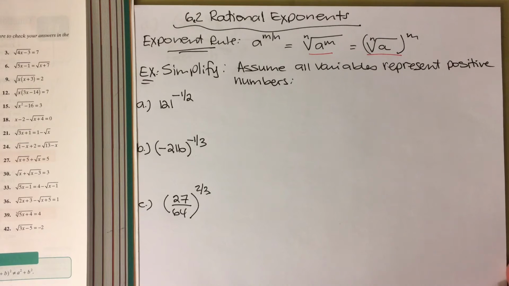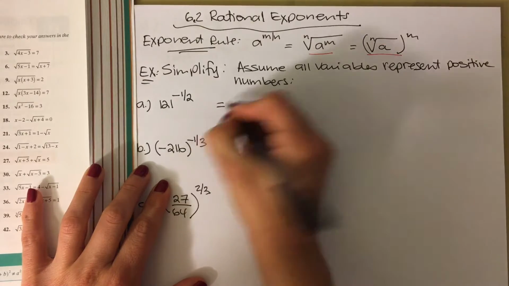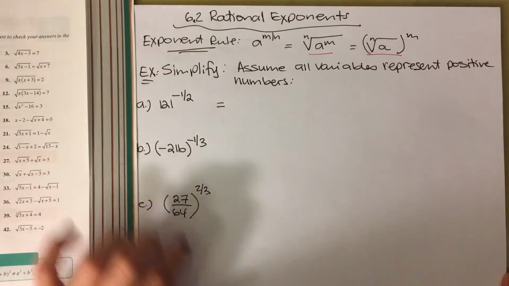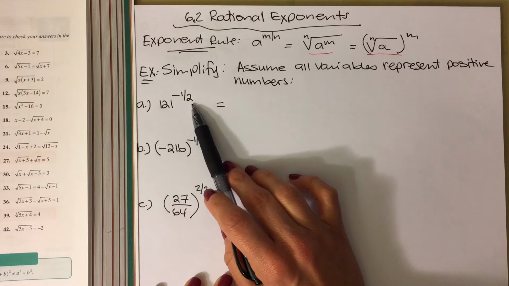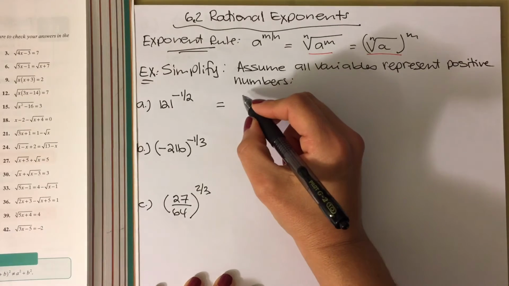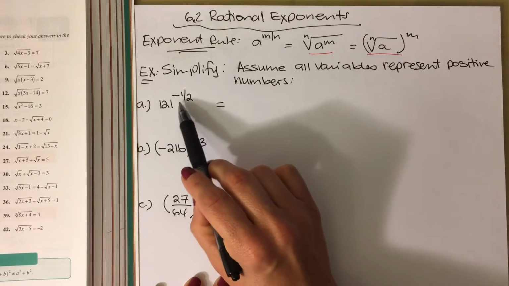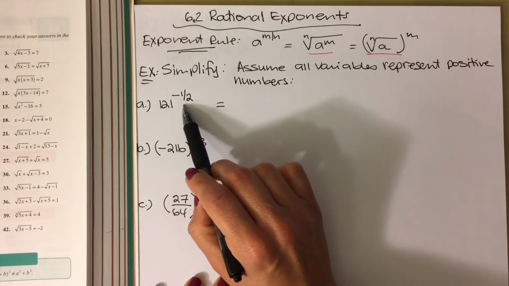What we want to do for the first three examples is to simplify. Let's start with part A. Using our exponent rule, I know that this is a square root. The index is 2. So what we can do is first rewrite the problem to make the exponent positive.